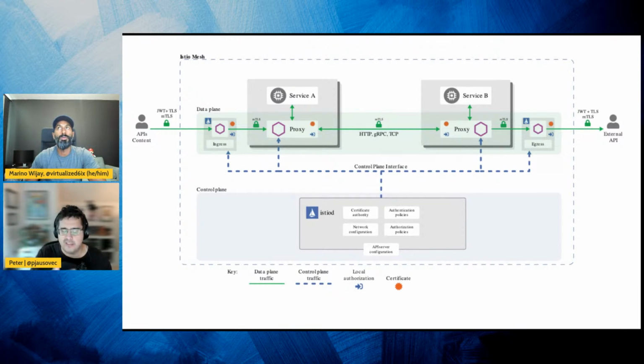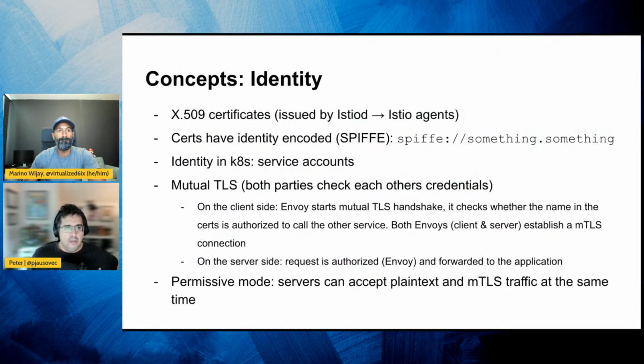That's where the communication happens between the proxies, right? And you see that communication is mutual TLS, specifically the one between the proxies. The one between the service and the actual proxy is just localhost, and it's not mutual TLS, right? All right, so let's talk about concepts a little bit.